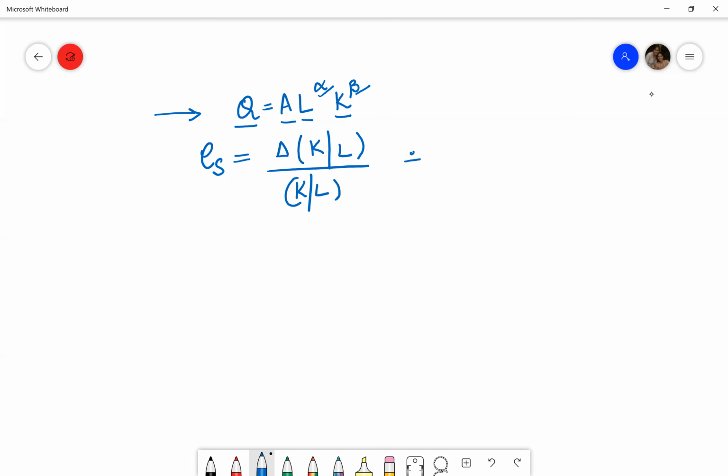The whole fraction is then divided by the change in MRTS, that is your marginal rate of technical substitution for labor and capital, divided by MRTSLK. Now our first job is to calculate the value of MRTSLK.